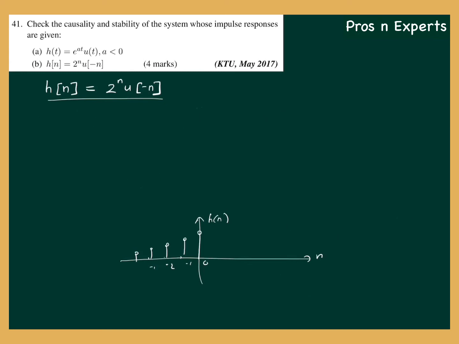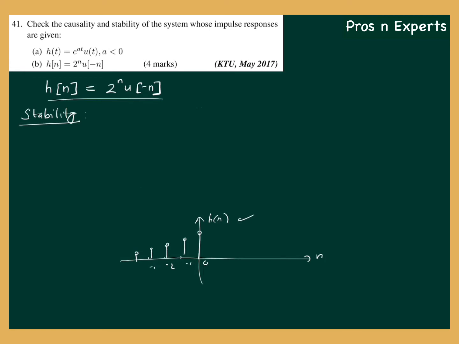All right, next we will check the stability. Again, I invite you to just look at h of n and tell me the state of stability of the system. Is it stable or not? It is stable because the signal is converging. The envelope is decaying as we go to negative infinity on the negative n axis.